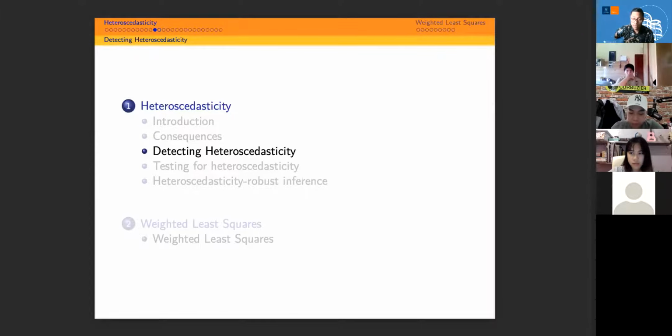Okay, so given that heteroskedasticity is quite important, and a violation of homoscedasticity could actually have an effect on the estimate, it's quite important for us to be able to identify heteroskedasticity. So just one note up front: you cannot eliminate heteroskedasticity. It's a feature of the data.